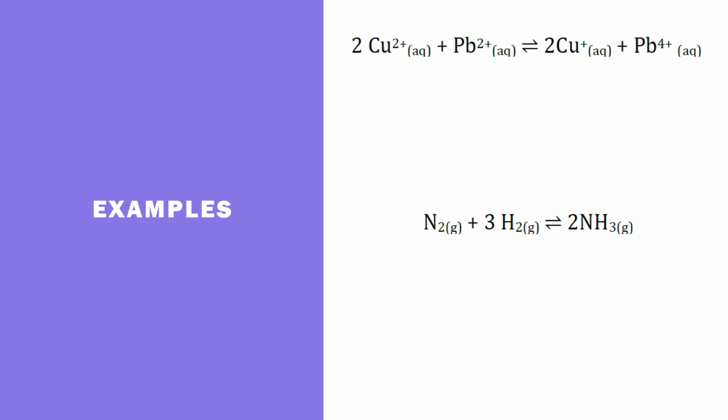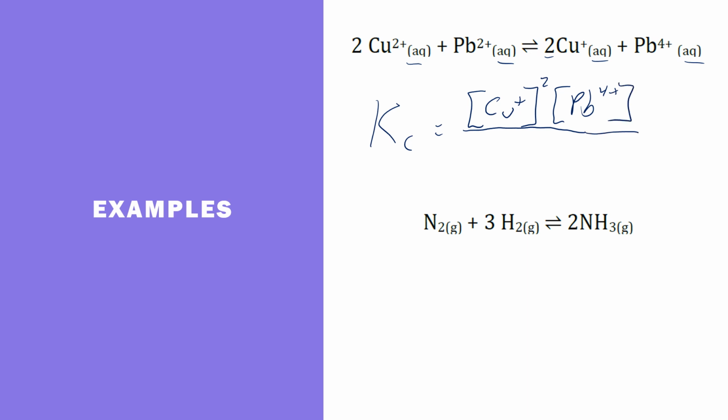The best way to learn this is to just practice it. So I have two examples here. In this one, they're all aqueous, so I'm going to use definitely Kc, C for concentration. You will always put the products on the top and the reactants on the bottom, and make sure that you include any charges. So we have a copper 1+ ion, and the 2 becomes an exponent, and then we have our lead 4+ ions.